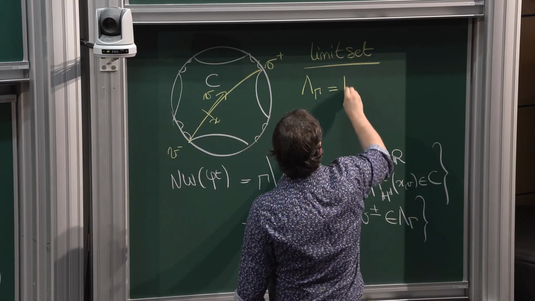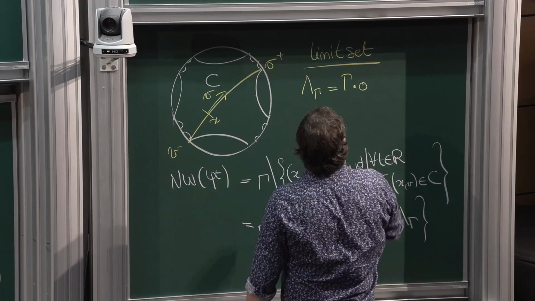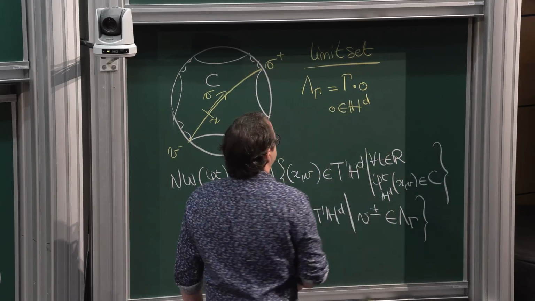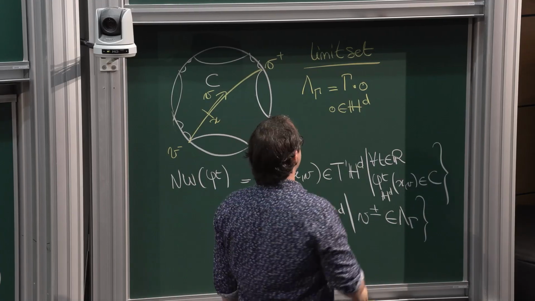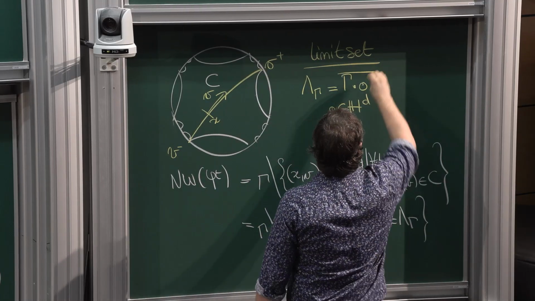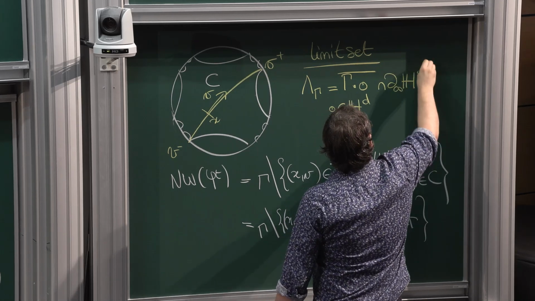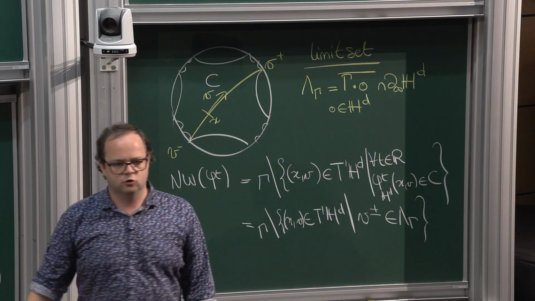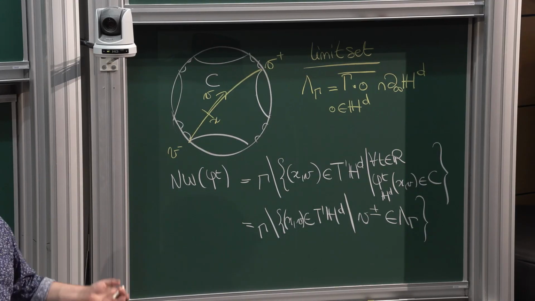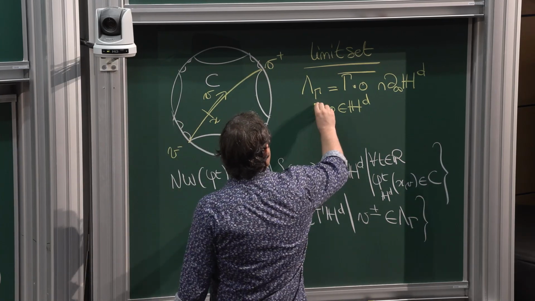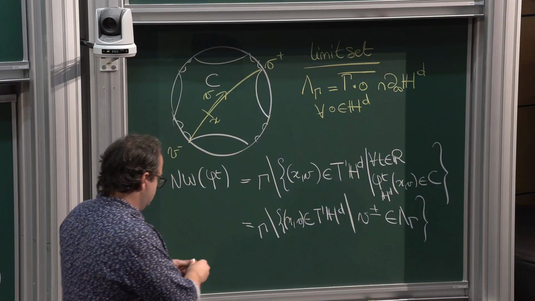So what you do is you pick a point O in the hyperbolic space, look at the orbit of this point, and consider accumulation points on the boundary. Well, accumulation points will have to be on the boundary if gamma is discrete anyway, right? And this doesn't depend on the base point.